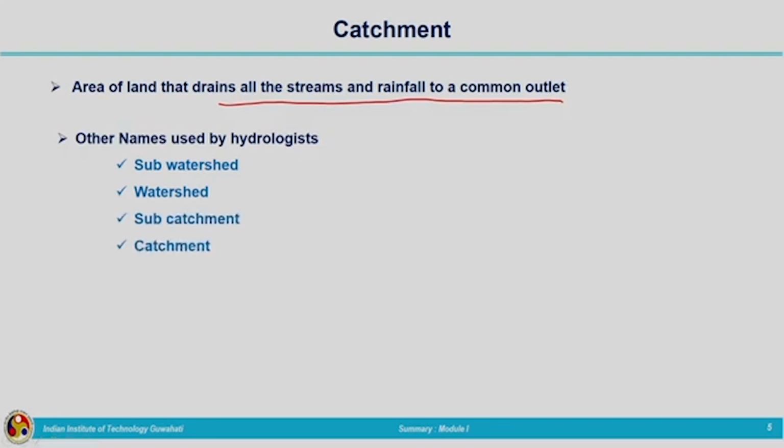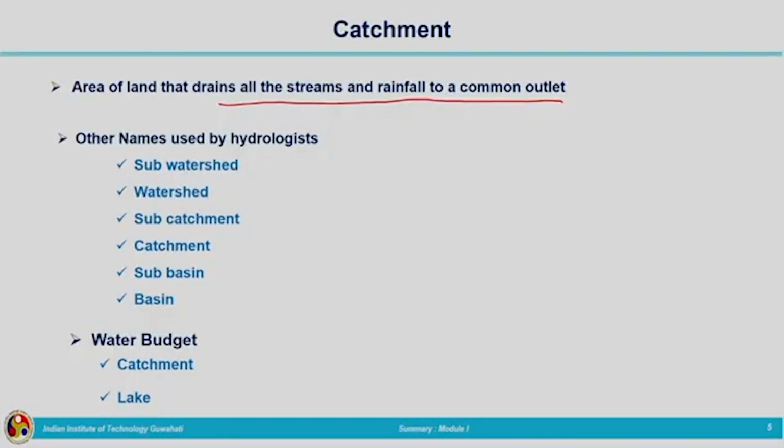Different names have been used by hydrologists for representing the area on which rainfall is falling. Hydrologically we call it sub-watershed, watershed, sub-catchment, catchment, sub-basin, basin. But you should understand that all these terminologies represent the area on which the water is collected at a single outlet point.